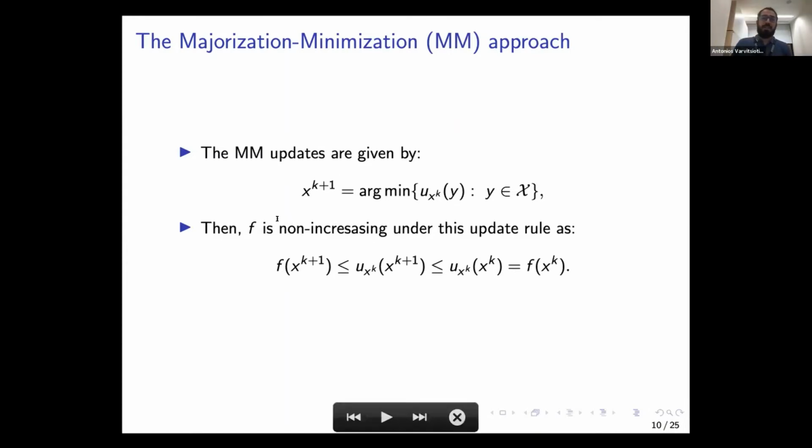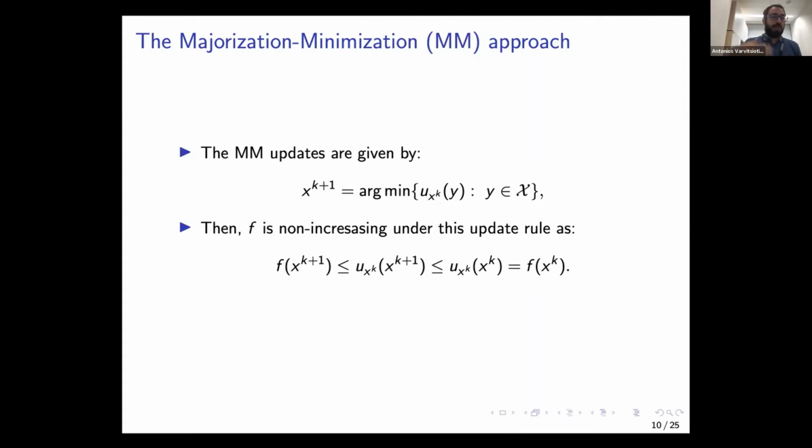It's trivial to see that if you do that, along the trajectories of this update rule, the function f is non-increasing. So f of x_{k+1} is upper bounded by f of x_k.